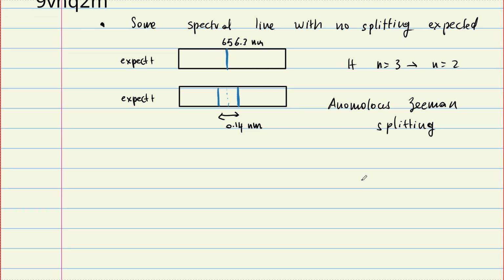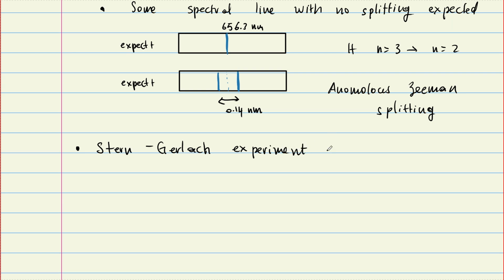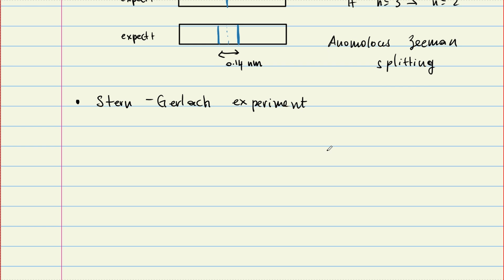So this is a puzzle coming from spectra, but another experiment, which by now is a classic experiment in the quantum realm, is called the Stern-Gerlach experiment. And what happens is that this is kind of like a double slit experiment, but a little bit on steroids.